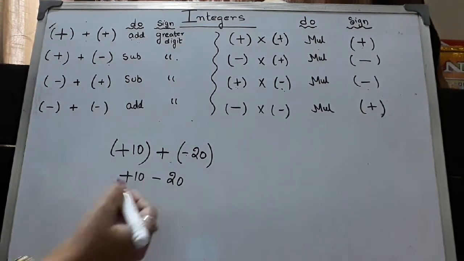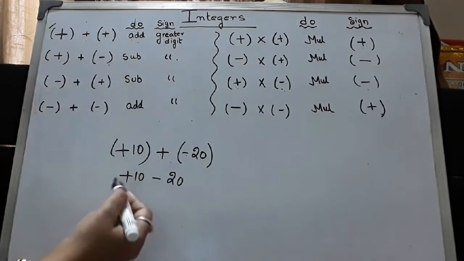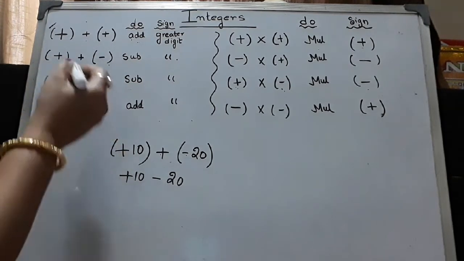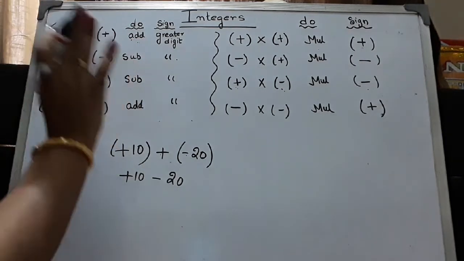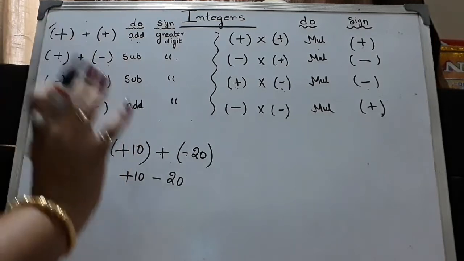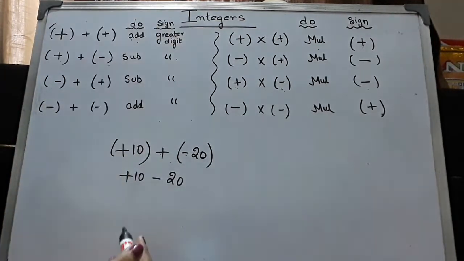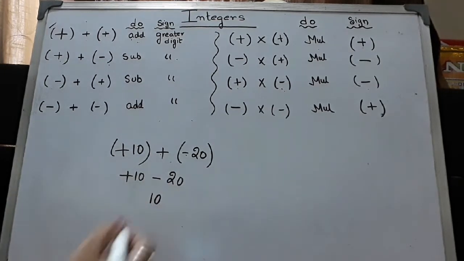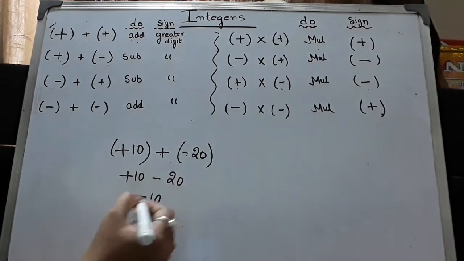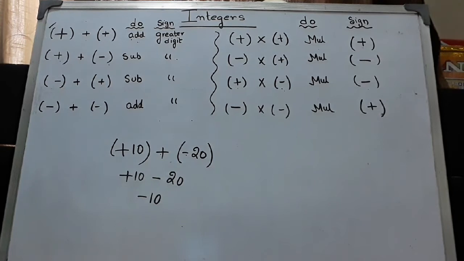Now what you have to do? Plus minus. So plus minus, you have to add these two. Okay, so plus minus, this is addition, the sum is addition, but then plus and minus, you have to do subtraction. So 20 minus 10, answer is 10, but you will put the sign of the greater digit. Now don't get confused, ma'am, you are saying this is addition, then you are doing subtraction.